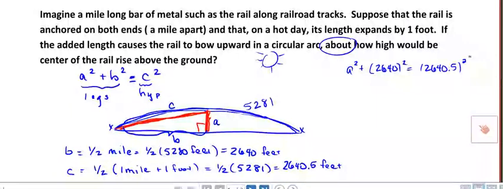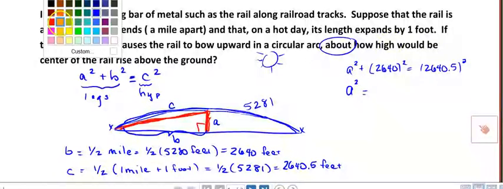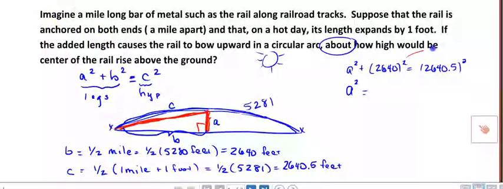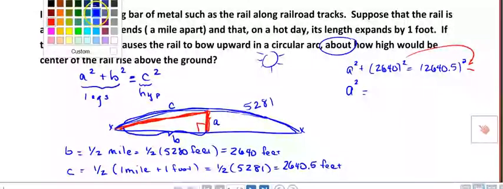So A squared plus B squared equals C squared. Well, if we do some arithmetic, we're going to have to solve this for A squared, which means we're going to have to bring the 2,640 squared to the other side and subtract it from the 2,640.5 squared. Let's get that value.